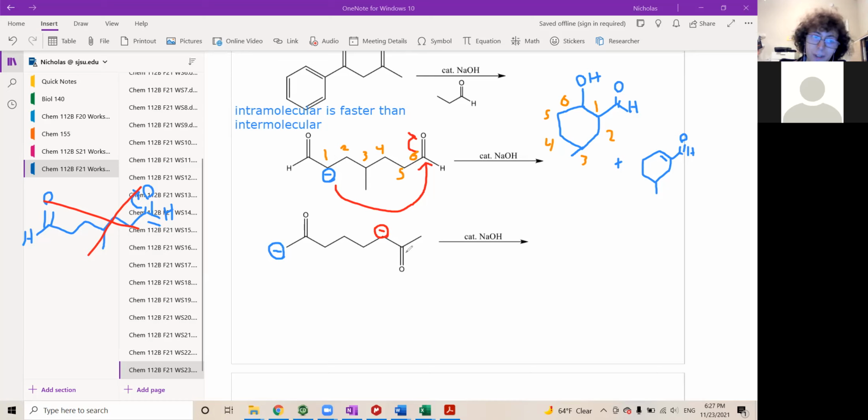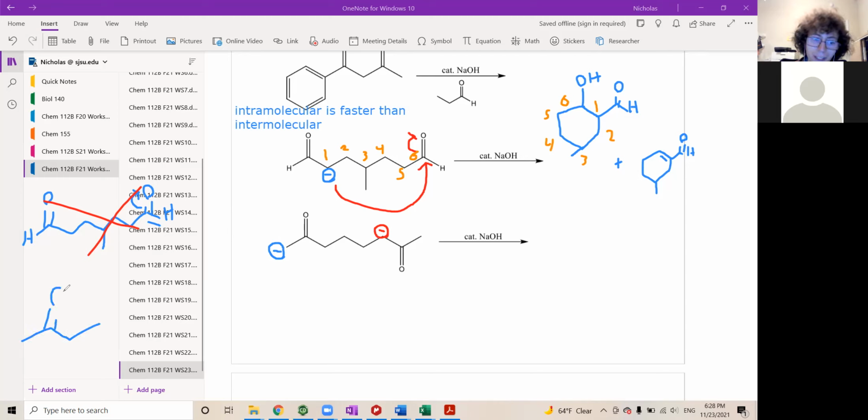Which one of these two is going to form more and lead to the major product? Because one will be preferred over the other. Red is correct. So for blue, I will say normally the less substituted one would be more favored.